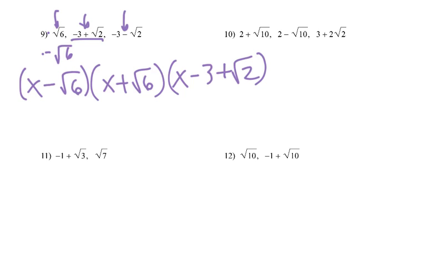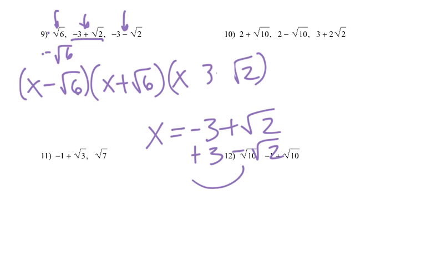But because we're doing the opposite, this is where it gets kind of tricky. It's like I had x equals negative 3 plus the square root of 2. So I'd have to add 3 and subtract the square root of 2. So I'd end up with x plus 3 minus the square root of 2 as my factor, instead of minus 3 plus the square root of 2.